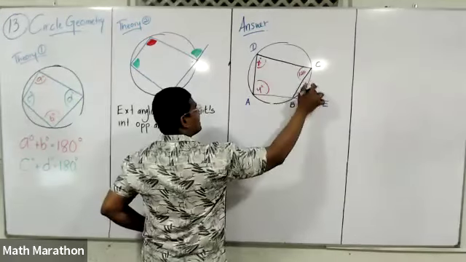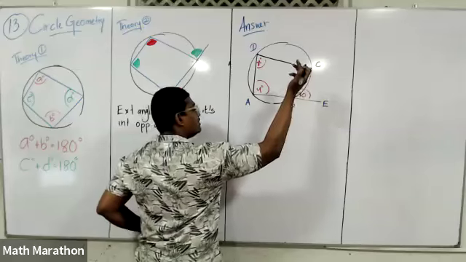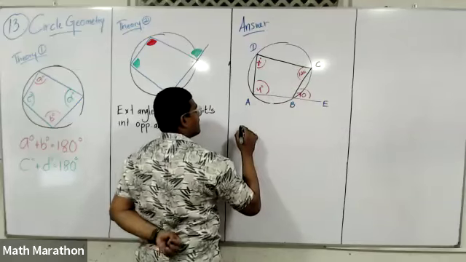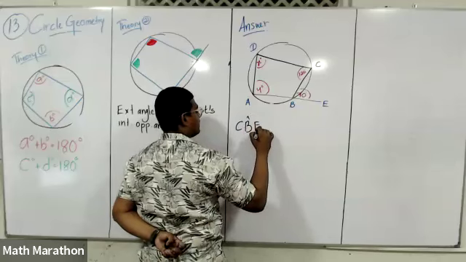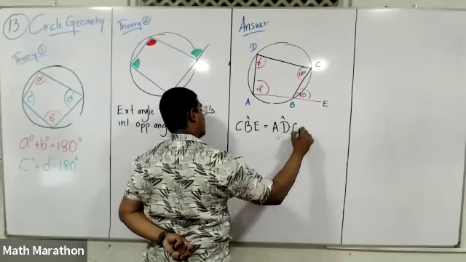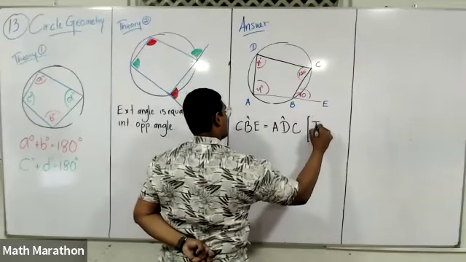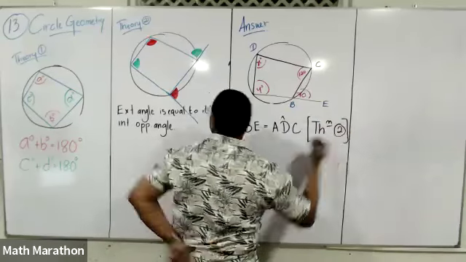X is the internal opposite angle of 70. That means angle CBE equals angle ADC. Why? Theorem 2.